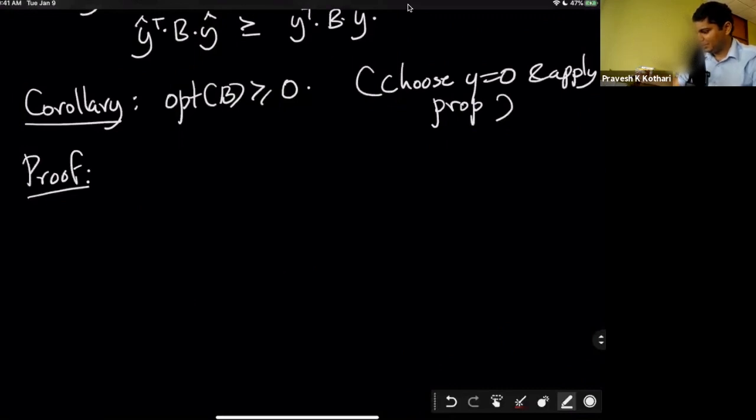Okay, so in my notes I said can assume B_ii is 0, which is trivially true. I don't need to assume; I assumed it globally. So I'm going to give a very simple proof.